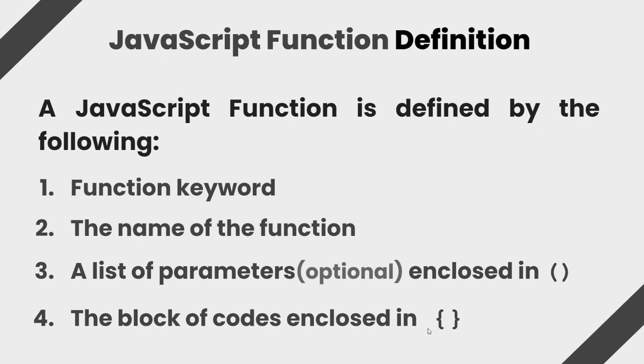Now the next thing we have is what I would call a list of parameters. This word parameters might be new to us, but no need to worry, it's very, very easy. A parameter is basically what we would call a placeholder variable. So what I mean is a parameter is still a variable, like normal variables we've been using.